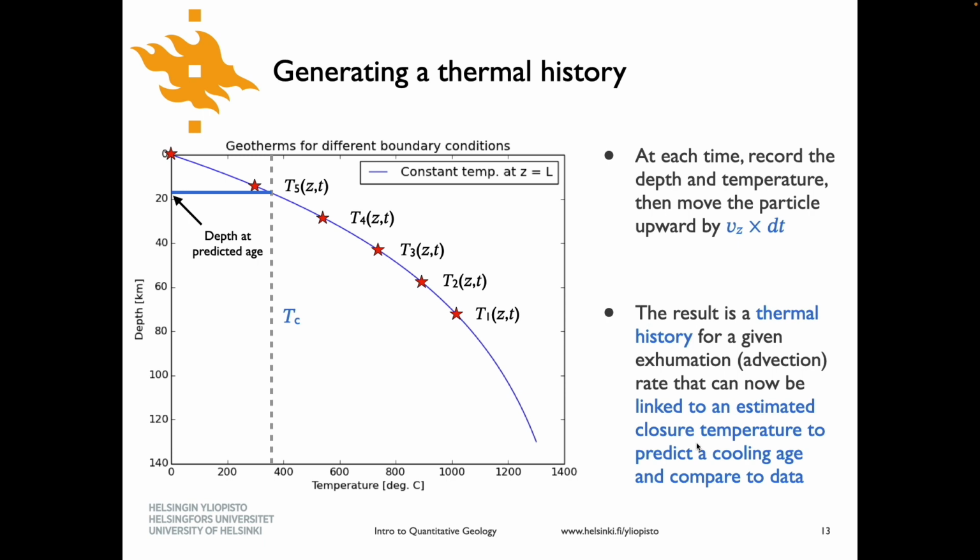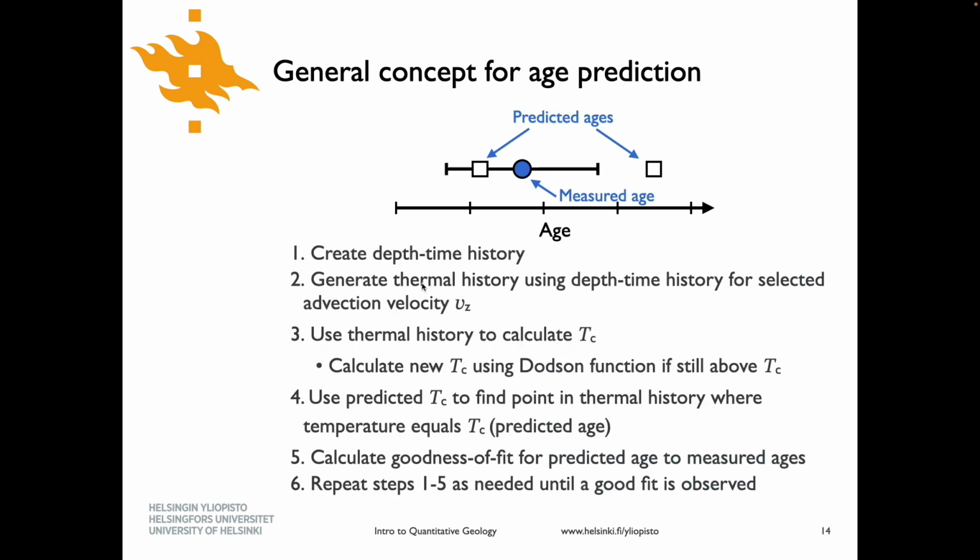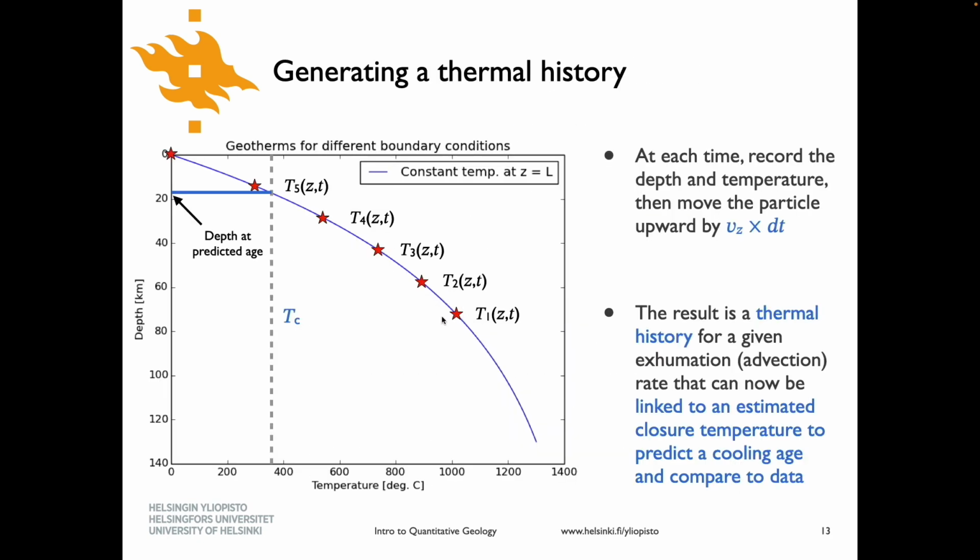If we start out with our rock sample at some depth here, after some period of time, it will have moved to a shallower depth along this temperature history that looks like this. So imagine it started at 20 kilometers depth, just arbitrarily. We can move up to a shallower depth by whatever our time step is multiplied by the advection velocity. That gives you some distance.